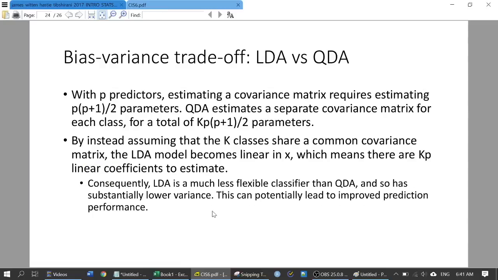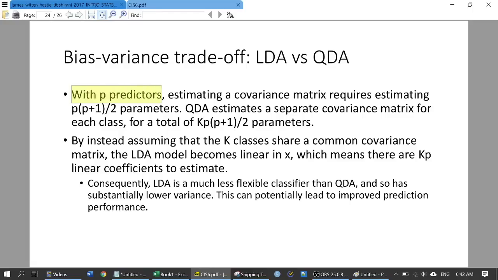Now, there's a bias-variance trade-off between the LDA and QDA. Of course, LDA is much simpler and QDA is more complicated. So to answer this question, with P predictors, how many predictors you have? If P is equal to 1, you have 1 predictor.